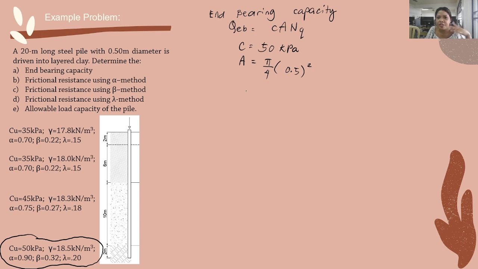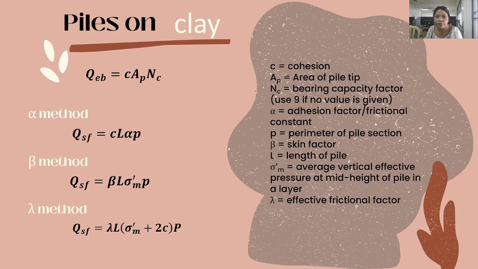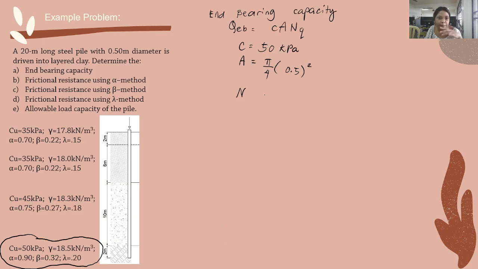And then the end bearing capacity factor N is 9 if no value is given. There's no given value, so for simplicity, N is equal to 9. Usually, end bearing capacity factors hover around that number. We don't usually have a much higher value than 9.